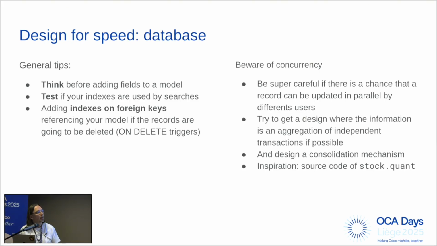Final tips. Your database is also something you want to take care about when you design your modules. First tip is think before adding new fields, new columns to a table. We already have dozens and dozens of columns on tables. There is one rule in PostgreSQL which says a single row has to fit at least on a single page.